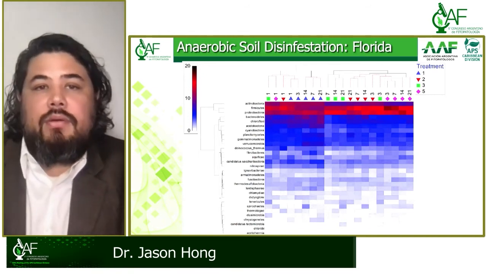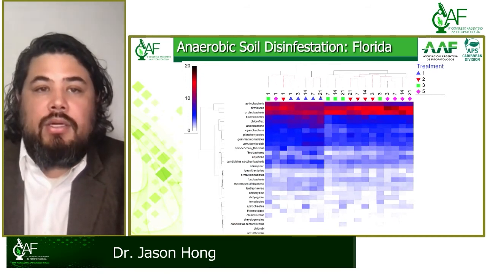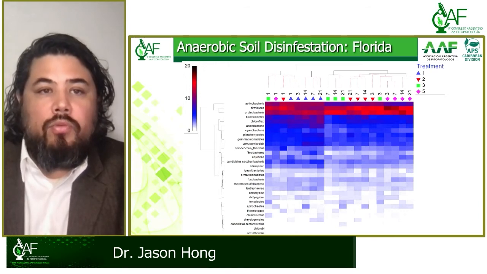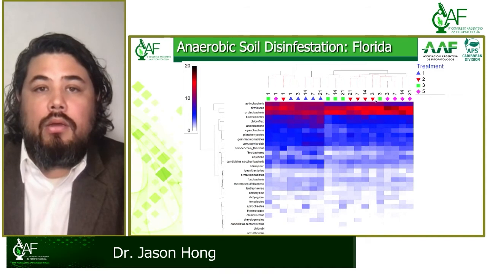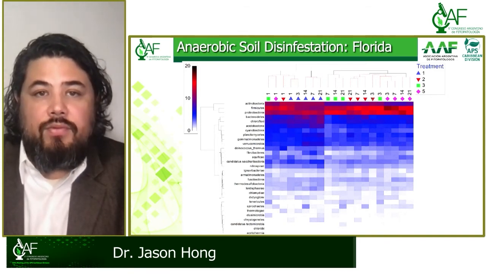So this is pretty busy, but what we're showing here is that the no molasses grouped with day 1 based on bacterial populations, and they had the most diversity, while the 2 times the amount, our standard rate, and the 4 times the amount of molasses reduced the population.